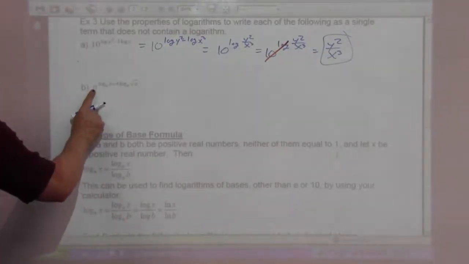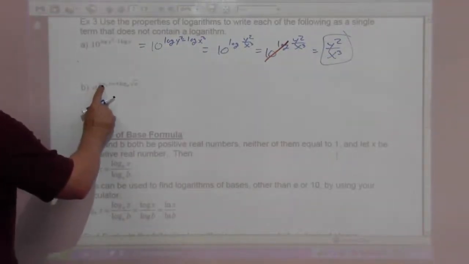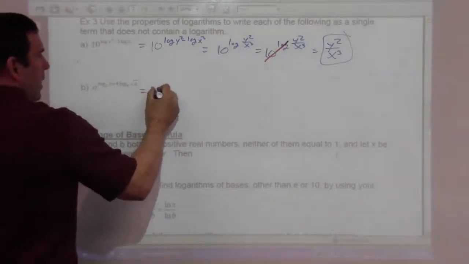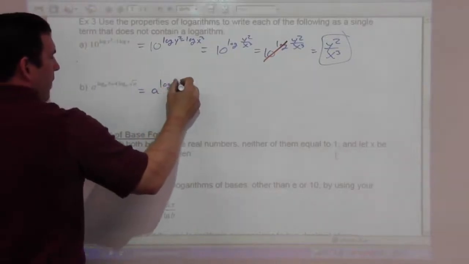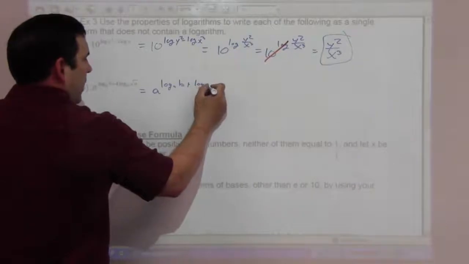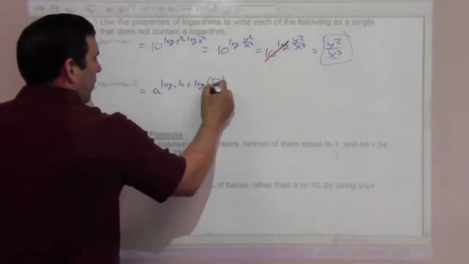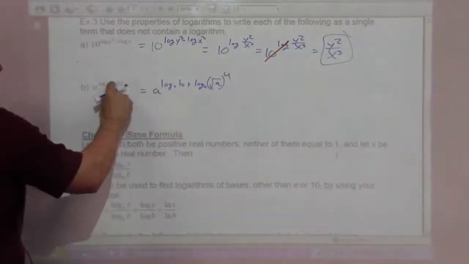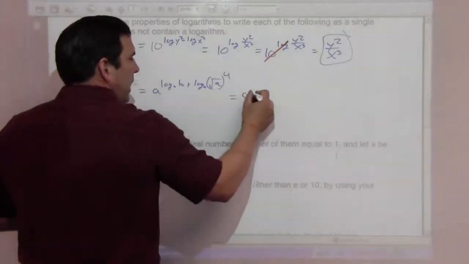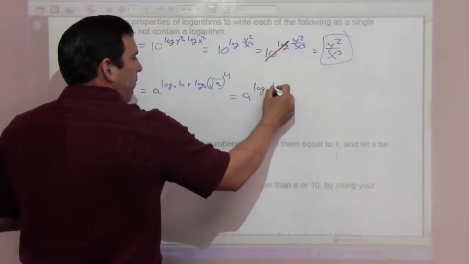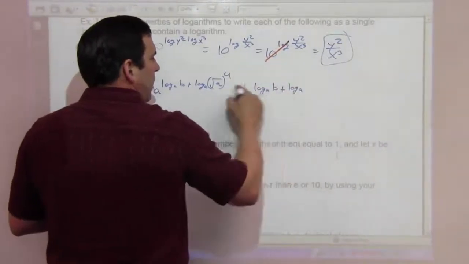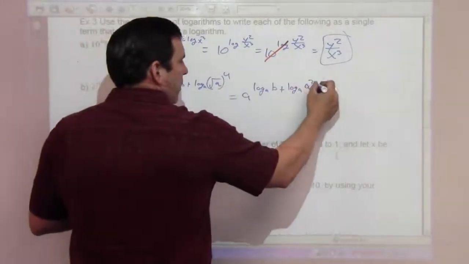And notice here we have a being raised to the power of log base a in both these cases. So this is a to the log base a of b plus, this 4 can become a power, log base a of the square root of a to the 4th. And we have to do that. We have to get these coefficients over before we can combine them. This is a to the log base a of b plus log base a, the square root of a to the 4th is a squared.